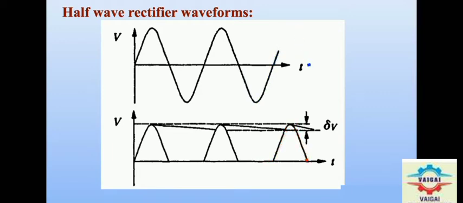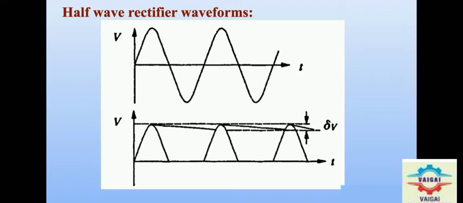half wave rectifier. It is for the load resistance RL without capacitor. If you include the value of capacitor, you will get the charging and discharging. During positive half cycle, diode will be forward biased and the capacitor is charged.